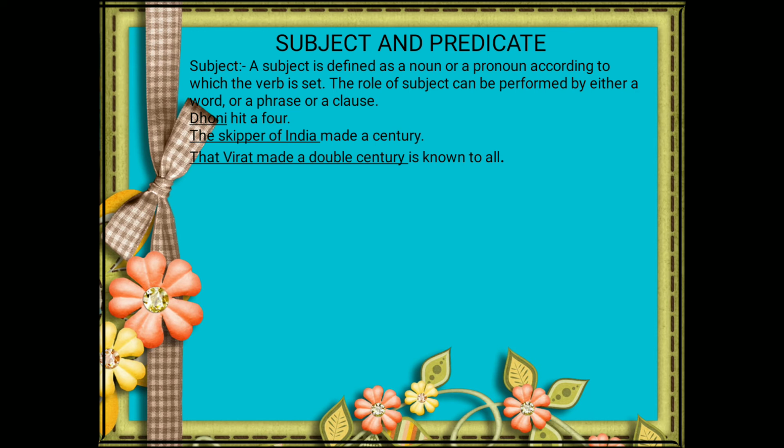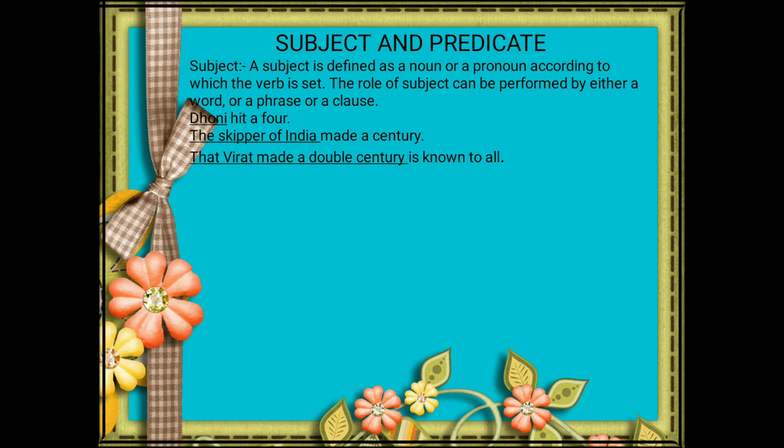Means if the subject is singular, the verb is singular, and if the subject is plural, the verb is plural. And the role of subject can be performed by either a word or a phrase or a clause. Means the subject is what or whom the sentence is about.